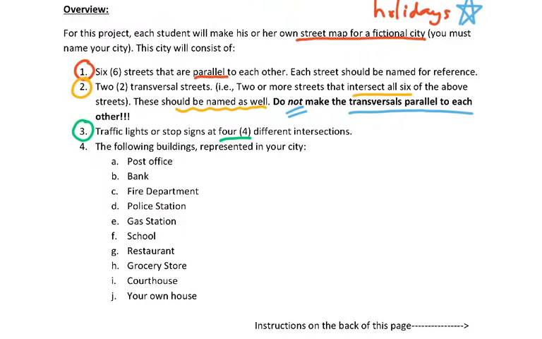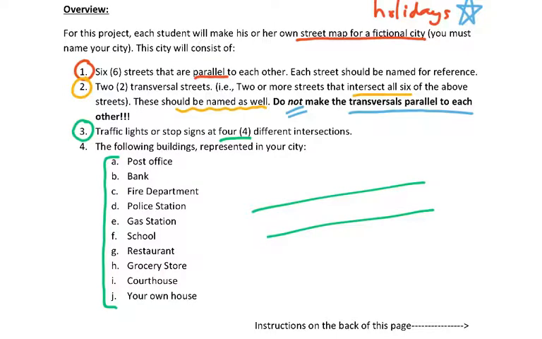You're going to insert these 10 buildings in the different places where the angles are. As a small version of what the project could look like, if you have an angle here, you could put a post office here or a fire department over here. Where they intersect, there are 4 corners, 4 places. So you can put those 10 different things in different spots.